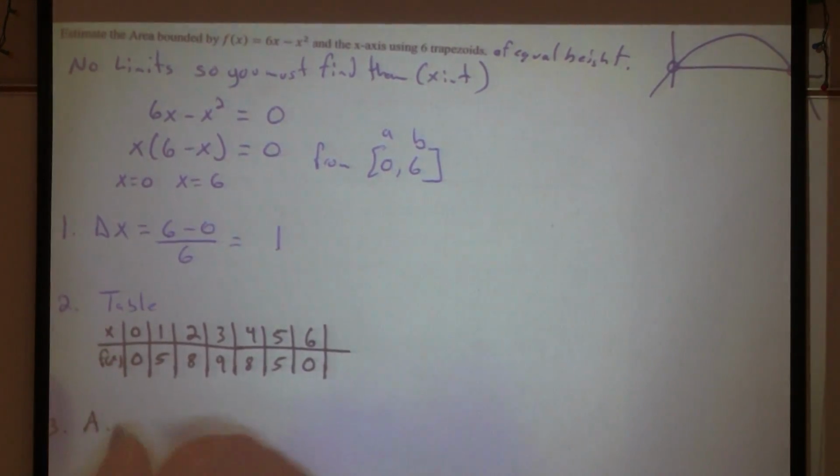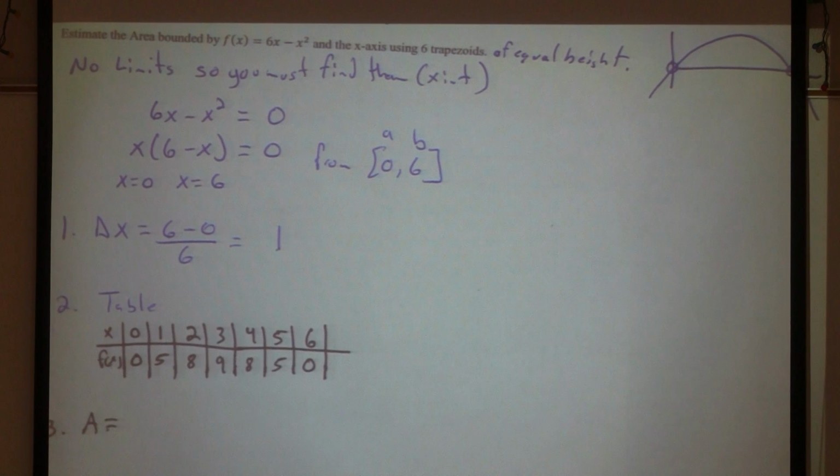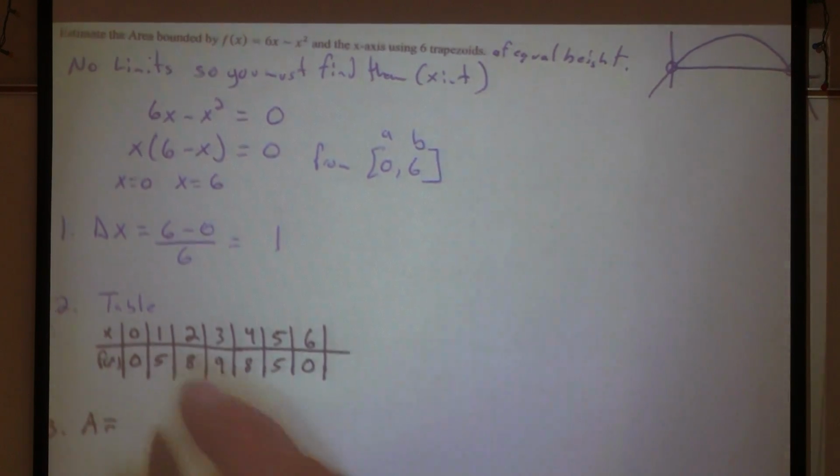Let's find the area. Want to do it the long way? You want to apply the shortcut that we kind of know is going to happen? Because they all have the same what? They all have the same delta x.